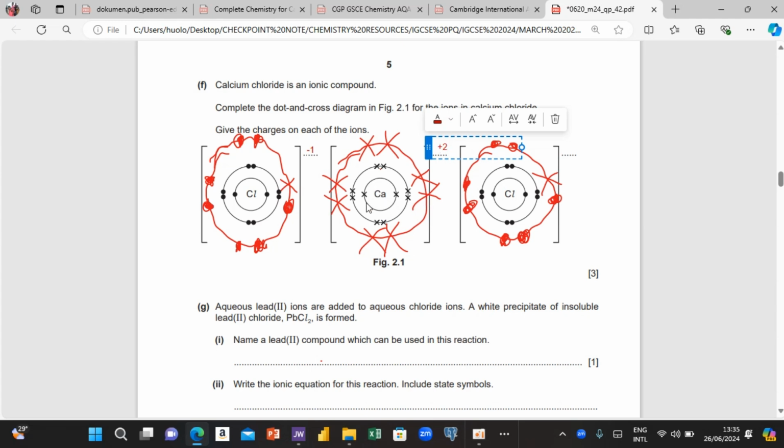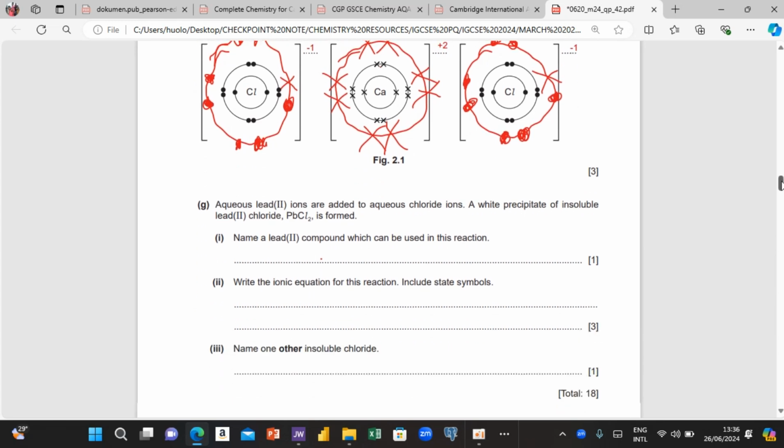The number of protons in the nucleus here remains 20, but it has lost 2 electrons, so here we are left with 18 electrons. So we do the same thing for this other chloride ion, and we put the minus sign there. You can decide to put 1 there. All right, that's fine. We appreciate that.